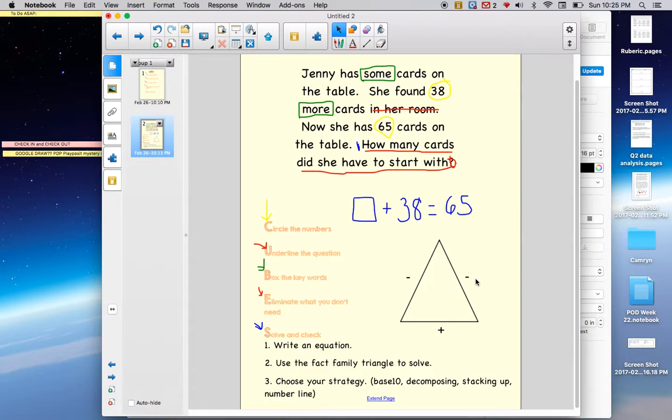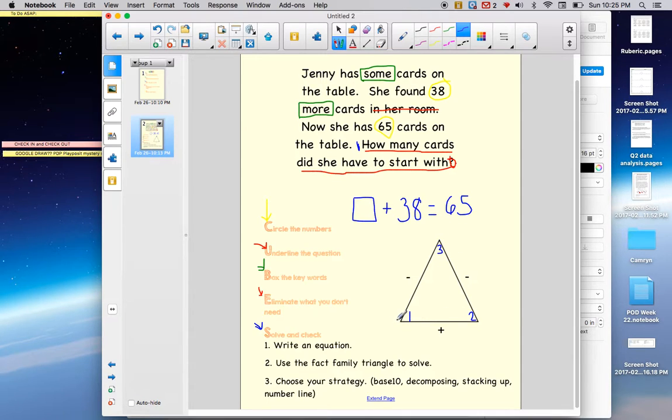Because what happens is the triangle starts with the biggest number at the top. So the biggest number always goes at the top. That's 3. Then our 2 smaller numbers go at the bottom. It's called a whole right here, and then these are the 2 parts.